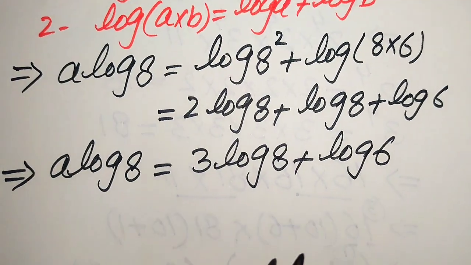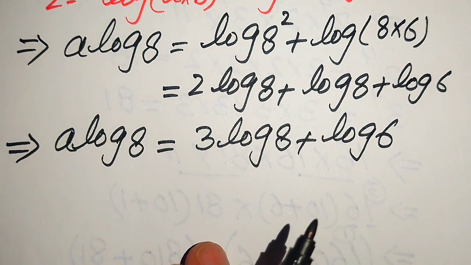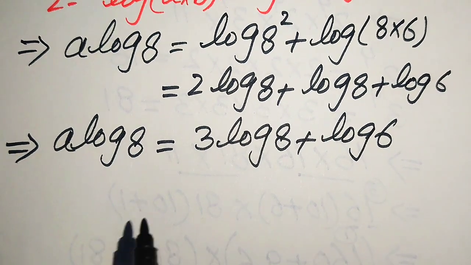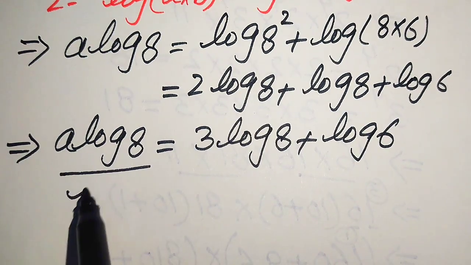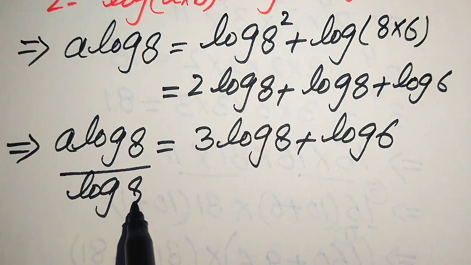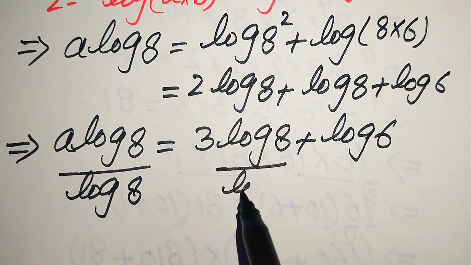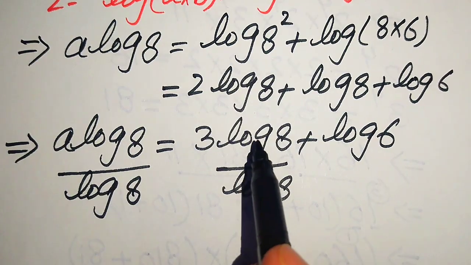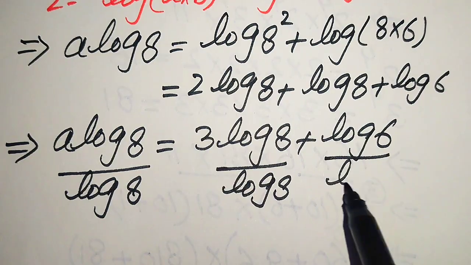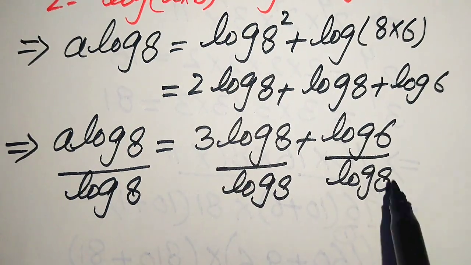And now in the next step, in order to find the value of a, we need to divide both of the sides by log 8. It will be written as a log 8 over log 8, 3 log 8 over log 8, and log 6 over log 8.